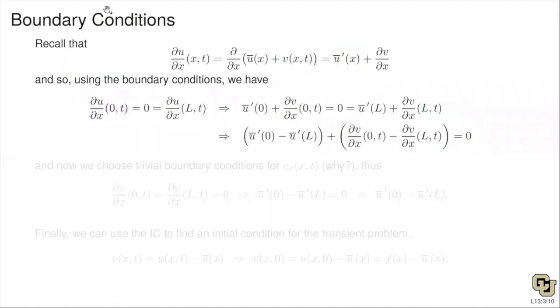So now let me show you. Now we're going to piece it out, okay? For the boundary conditions for v, we're going to choose them to be trivial. That's for v, that's for the transient PDE.